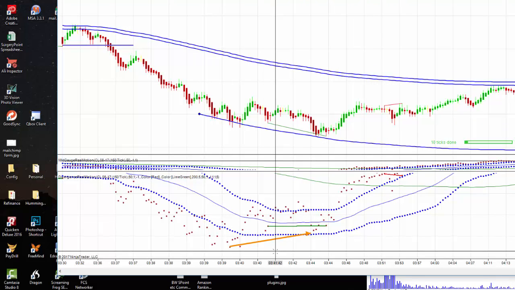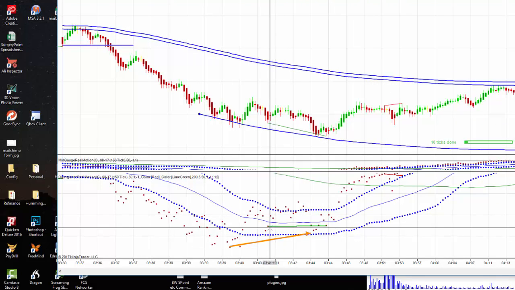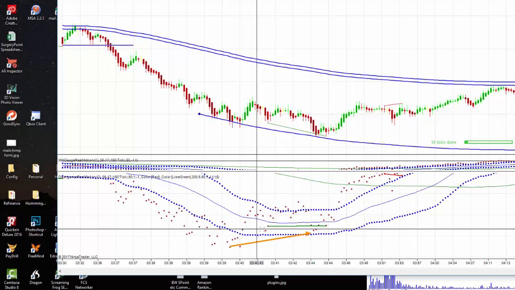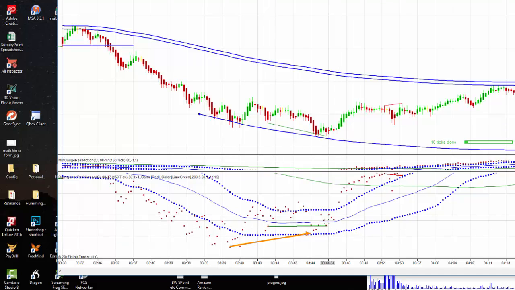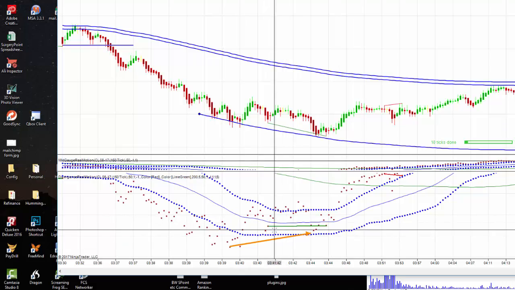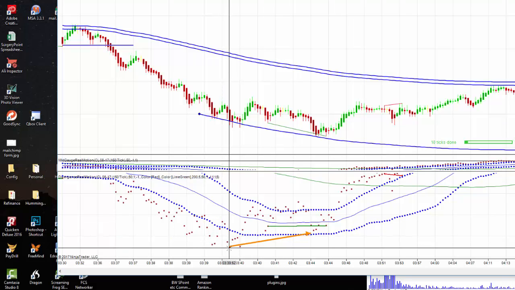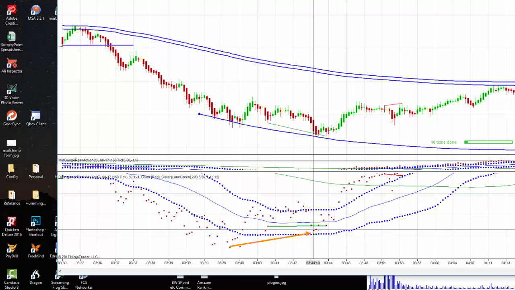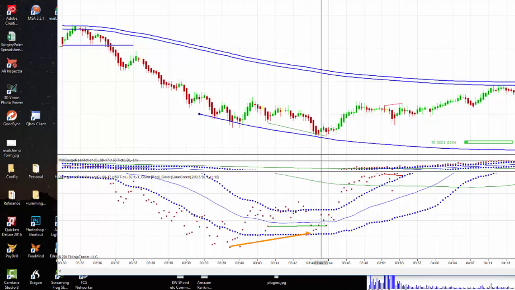So I think that just knowing that the beginning of this divergence and where it's identified, this would be modified to starting at the low pivot here and at the low pivot of the real motion indicator here, rather than on this bar to this bar.